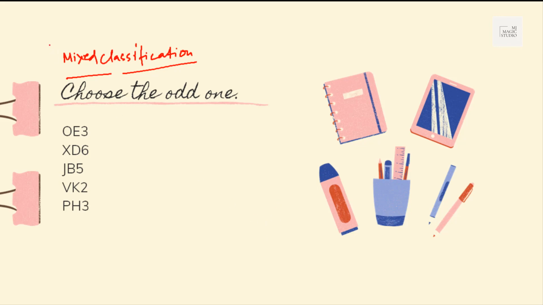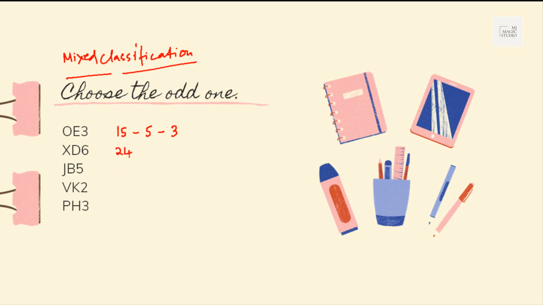So first thing first, whenever we have this combination, let's try to identify. Either we convert every alphabet into numbers. I think that is always the best way to start with these kinds of questions. So for OE3 we have 15, 5, 3.